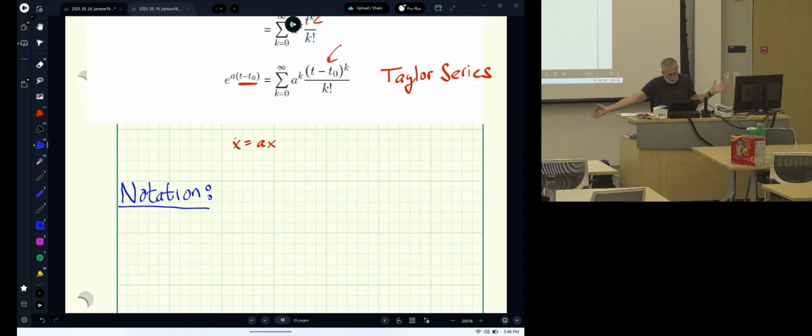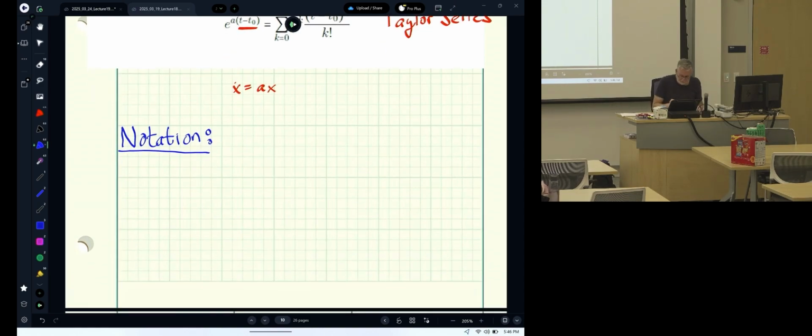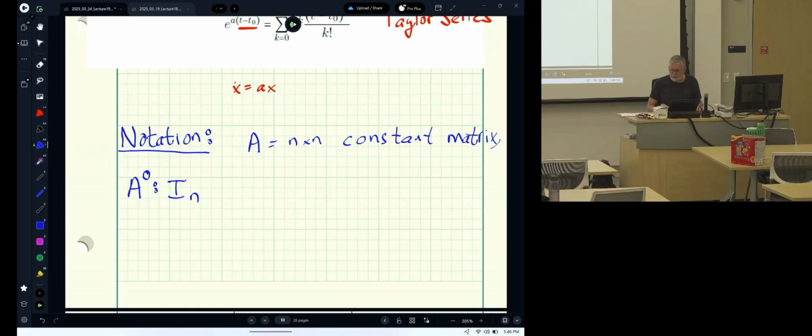You can do it for all of those, but we're only going to do it for the exponential. So when A is an n by n constant matrix, the convention is that A to the power 0 is the n by n identity matrix.